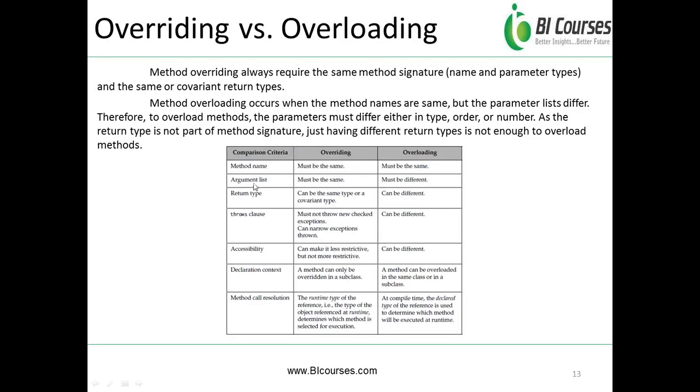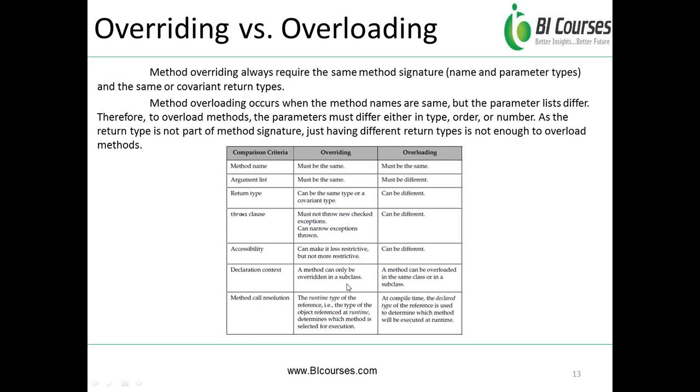So here, the method name must be the same in overloading. The argument list must be the same in overriding, and must be different in overloading. Return type can be the same in overriding, and can be different in overloading. Throws clause: overriding must not throw new checked exceptions, it can narrow the exceptions thrown, whereas in overloading it can be different. Accessibility can be made less restrictive in overriding, whereas in overloading it can be different.